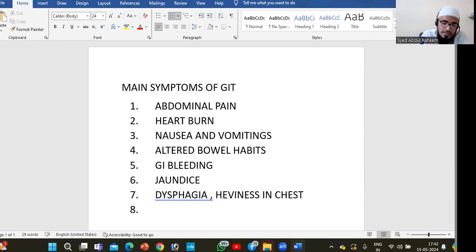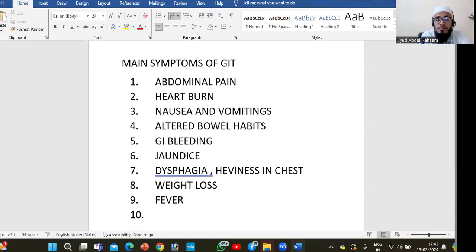Weight loss is also one of the problems, maybe due to gastrointestinal problems. Fever sometimes with abdominal pain.